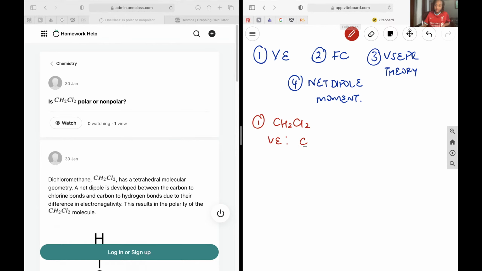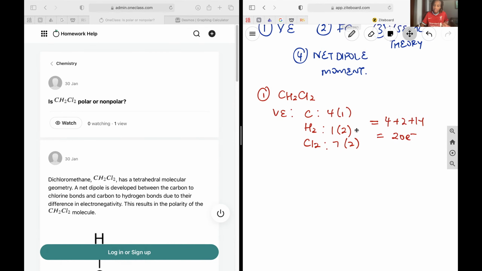For my valence electrons, I have C, which is contributing 4 valence electrons per carbon, hydrogen, which is contributing 1 valence electron per hydrogen, and chlorine, that is contributing 7 valence electrons per chlorine. I multiplied by 2 because I have 2 chlorines and 2 hydrogens. All of this gives me 4 plus 2 plus 14, a total of 20 electrons to place.